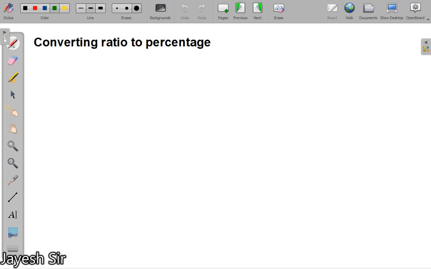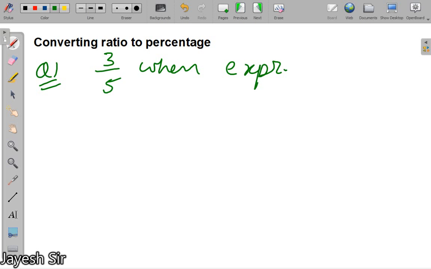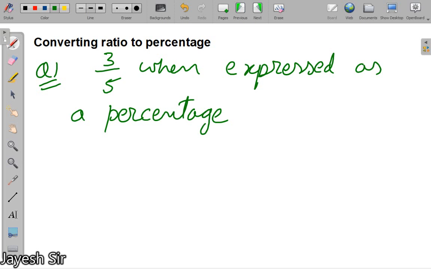Next is converting ratio to percentage. This is the same as converting a fraction to percentage. So I will take question number 1 here. Question number 1 is 3 by 5 when expressed as a percentage is what?